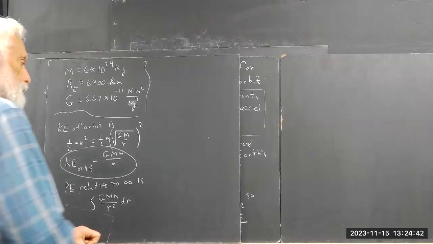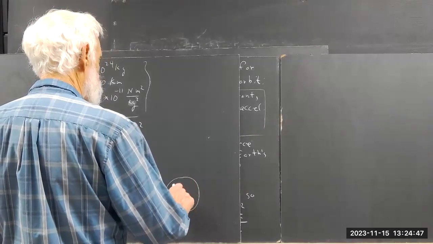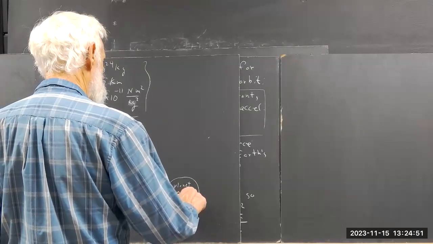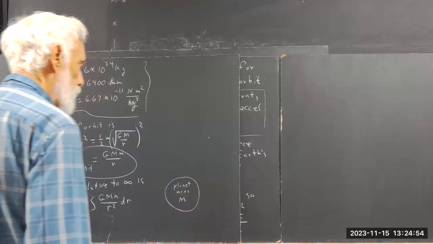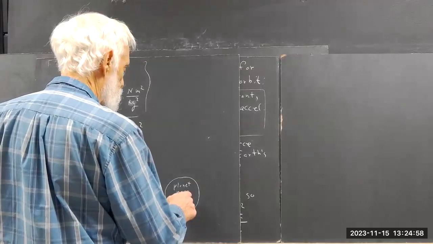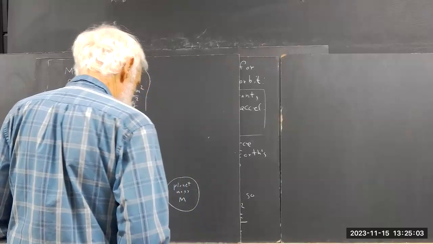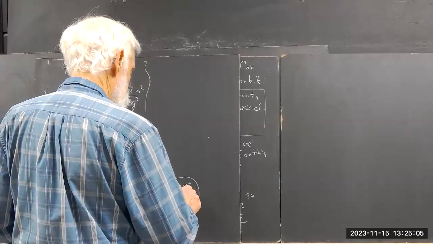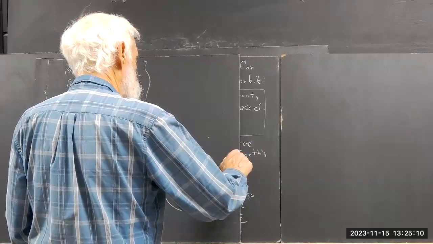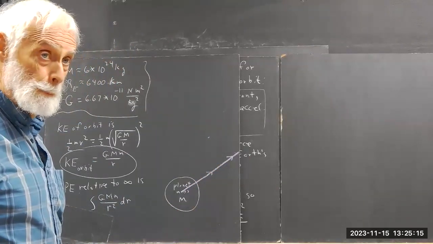Now let's just draw a picture because pictures are always great. Okay, here's your planet, mass M. Let's take a path from the center of the planet away from the center of the planet.